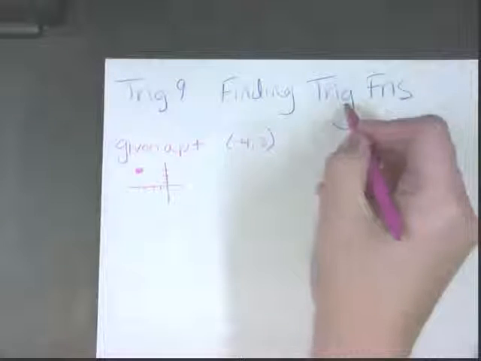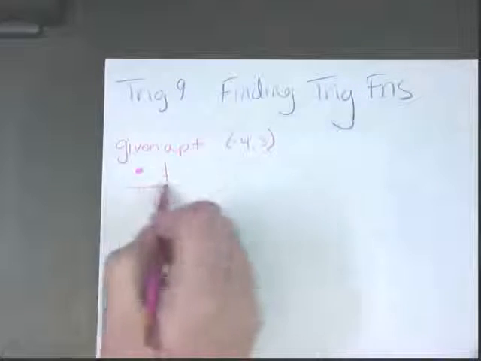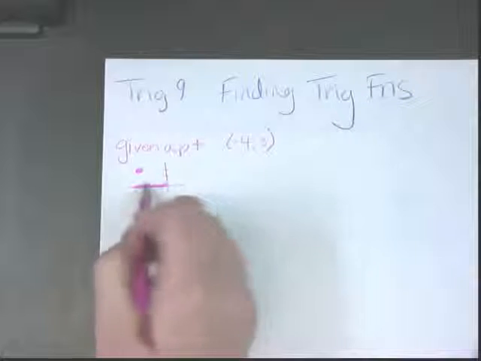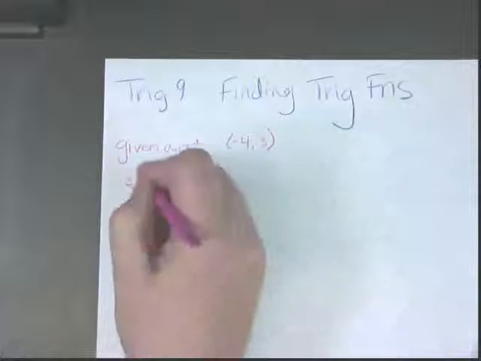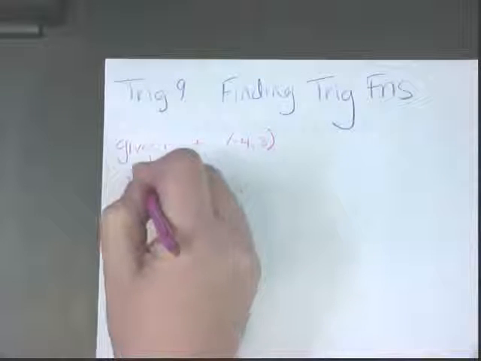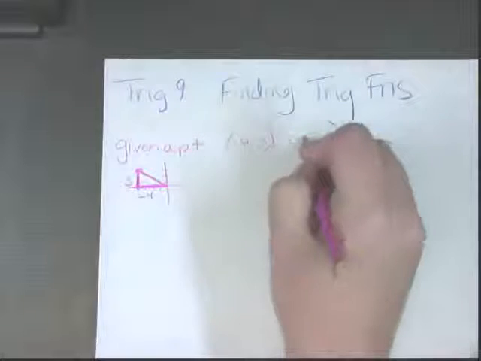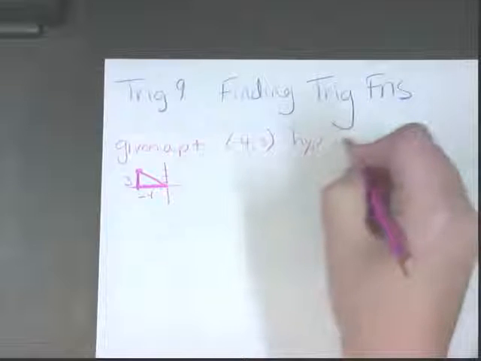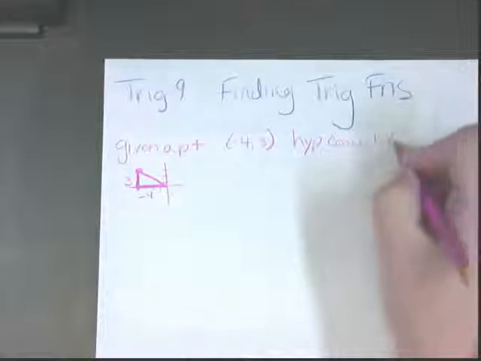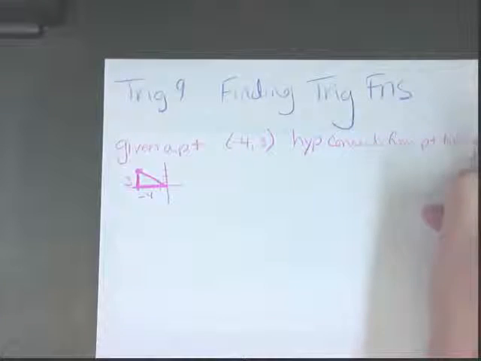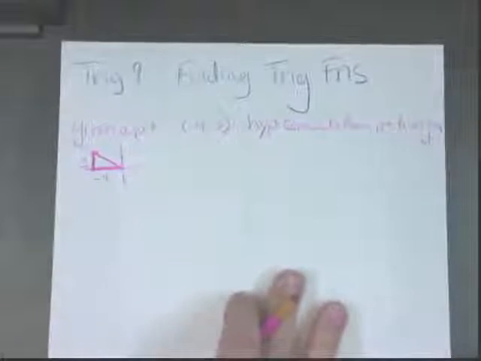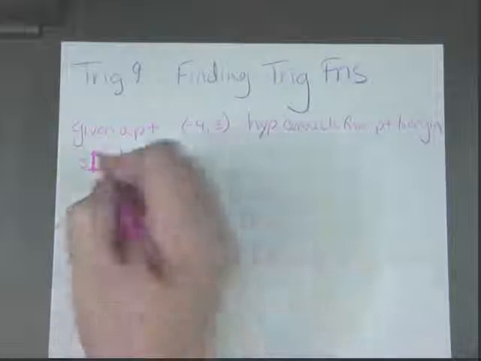But when I find trig functions, I've got to do it over a right triangle. So my right triangle is -4, +3, where the hypotenuse always connects from the point to the origin. Always.